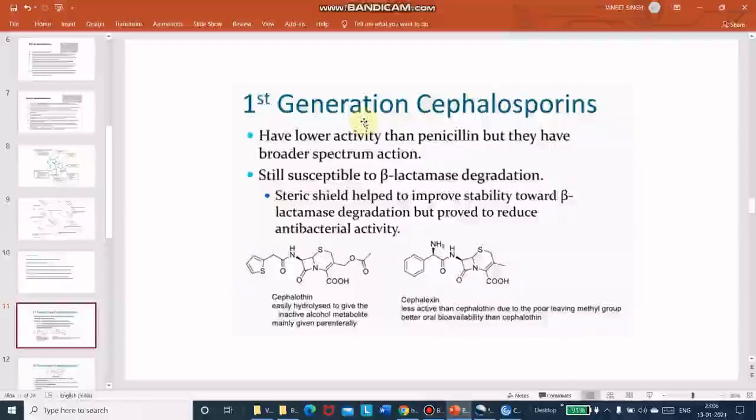The first generation cephalosporins, like cephalothin, which is this one, and cephalexin, this one, have lower activity than penicillin but a broader spectrum of action, and are still susceptible to beta lactamase degradation.